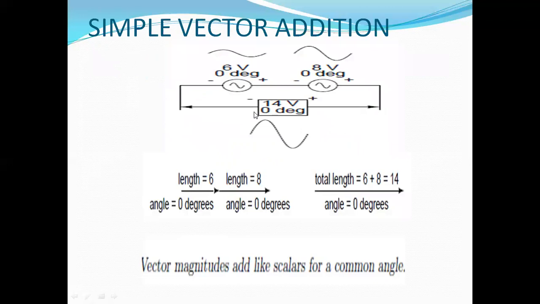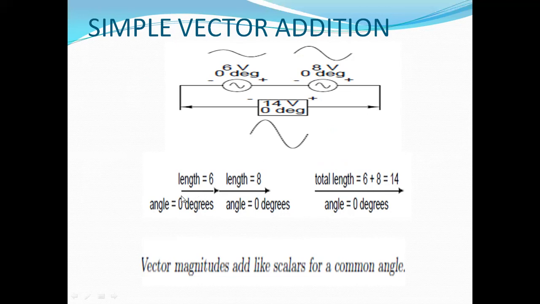So this is simple vector addition. How will the vector addition take place? Just like the batteries' magnitudes are added. Now here, 6 volts at 0 degrees, and the direction is along the 0 degree axis. Then 8 volts along the 0 degree axis. Here it is a vector quantity, meaning it is an AC quantity, and this is also an AC quantity. An AC quantity always has a magnitude as well as a direction, while a DC quantity has only magnitude. So here 8 volts at 0 degrees and 6 volts at 0 degrees are connected in series, and the vector addition of both can be done just like 6 plus 8 volts.